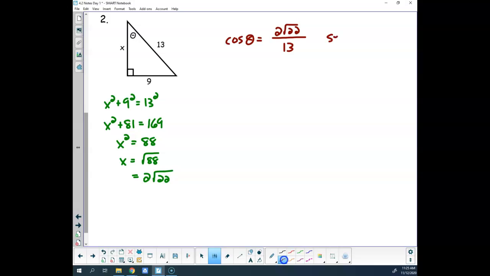So then the secant of theta is going to be, and now I'm going to go down here, because it really would be 13 over 2 square roots of 22. That would be square root of 22 over the square root of 22. So I'm going to say that that is 13 roots of 22 all over 44. Yes?